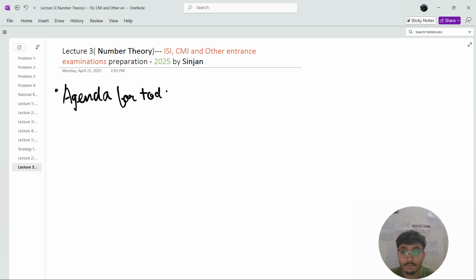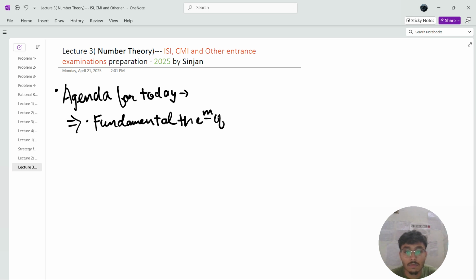Agenda for today. Number one is the fundamental theorem of arithmetic. Next is its corollary part, the number of positive divisors of a composite number.